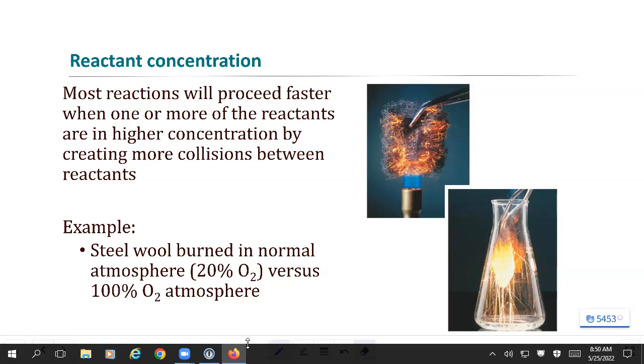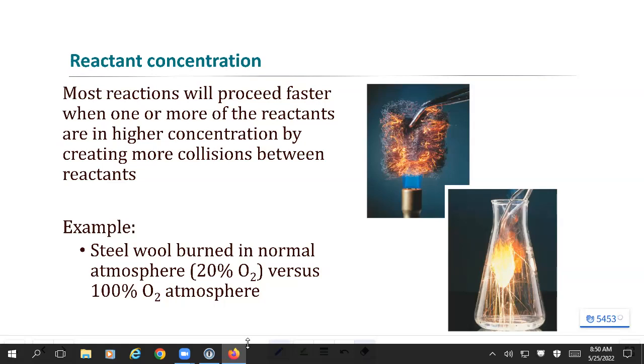Now, the difference between this picture and this one is the environment. This is being done in open air. Top picture here, open air, 20% oxygen, give or take a little bit. Here, we have a flask of pure oxygen. And in that pure oxygen environment, now we've got a greater concentration.